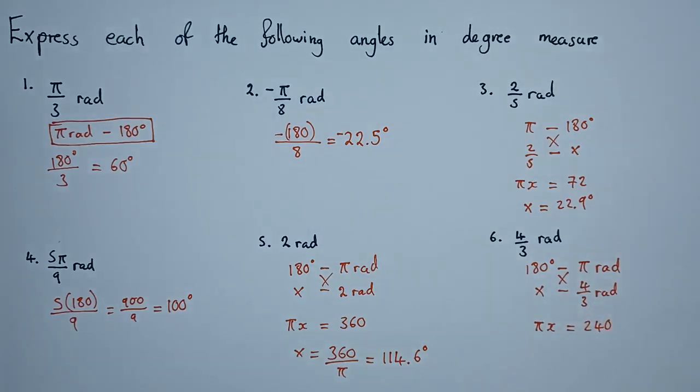Divide both sides by pi. So x is equal to 240 over pi. What is 240 divided by pi? I'm finding 76.4 degrees.